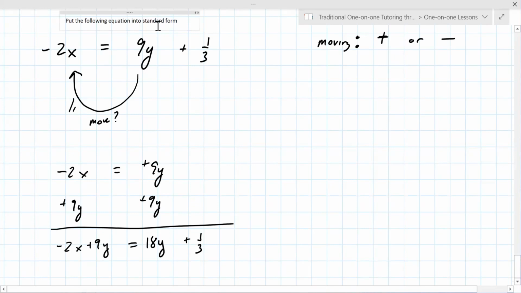The sign of 9 is positive. That's right. So how do you undo addition? You undo it with subtraction. They're opposites. So instead of adding 9y, you want to subtract 9y.